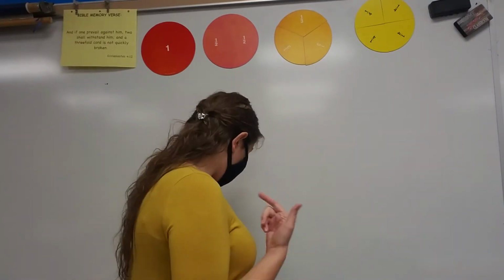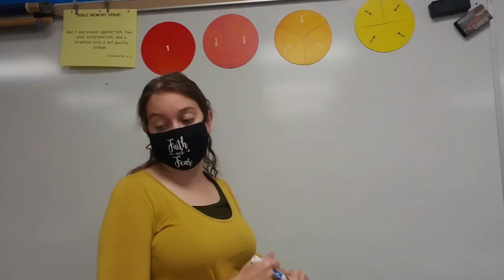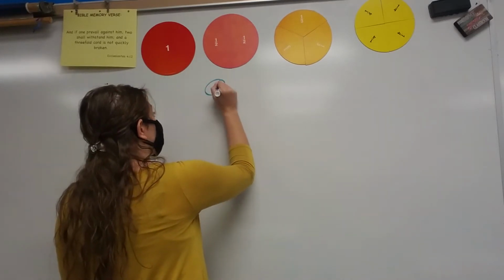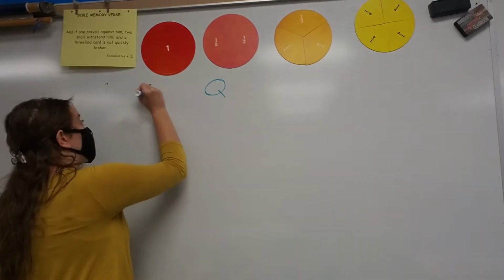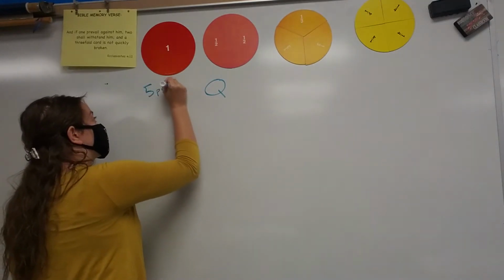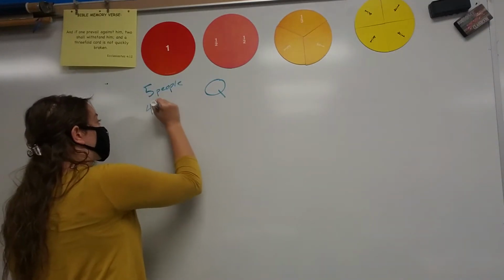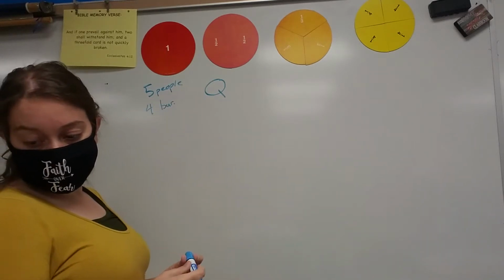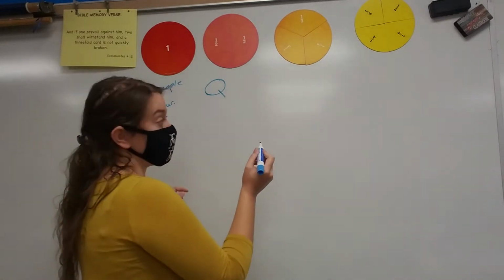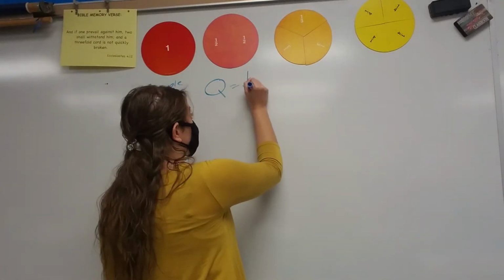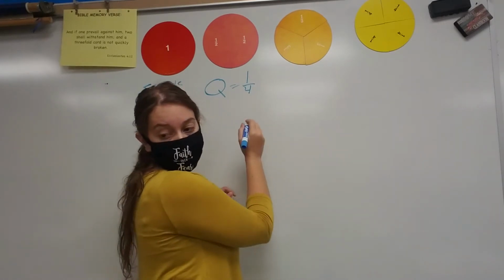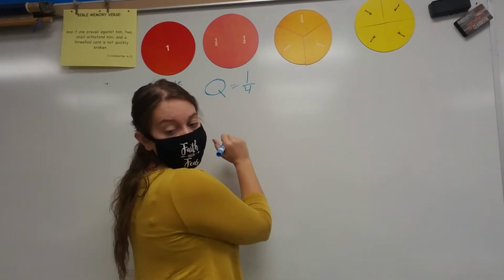So, first thing I'm going to do, so it's a little easier for us, is I'm going to put Q for Quinn. Well, first I'm going to put 5 people, 4 burritos. Okay? So, Quinn ate 1/4, right? Yes, no? Yes. Okay. Nina ate 2/4.